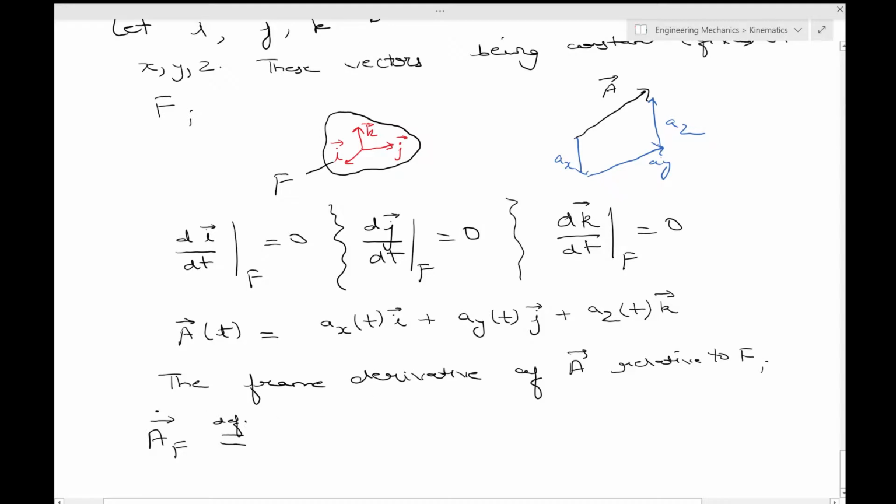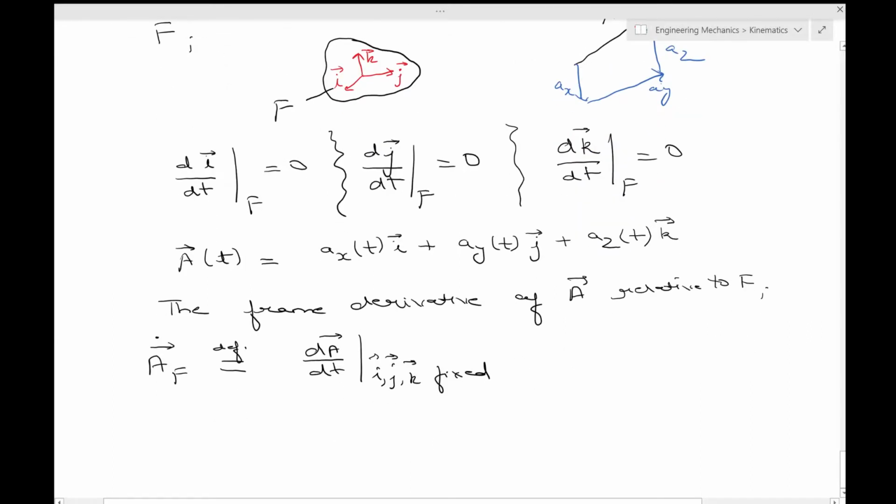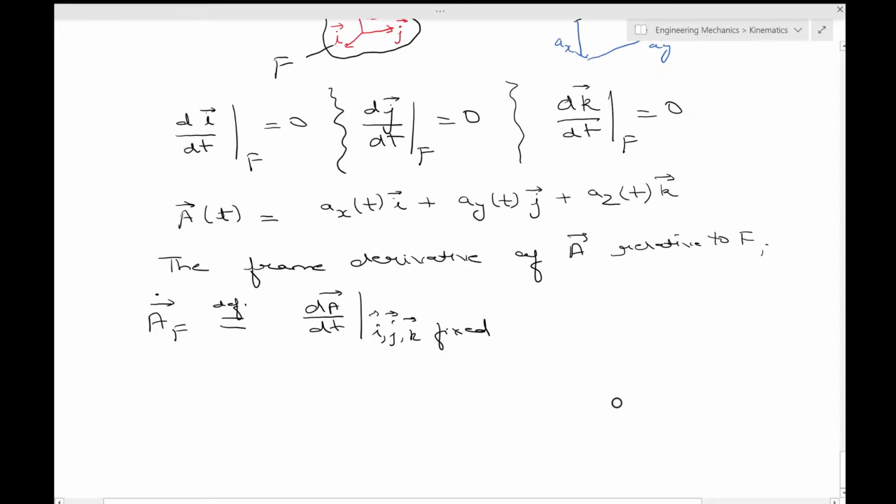The dot represents a time derivative, so dA by dt, where i, j, k are all fixed. So what's the only variable left? Time.